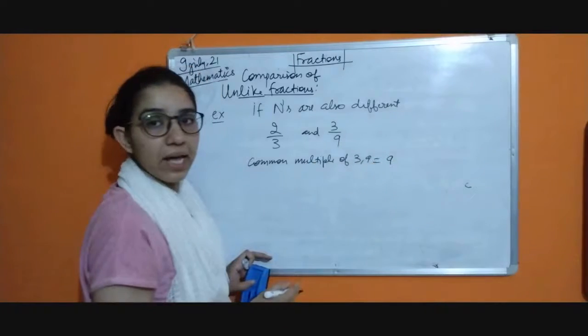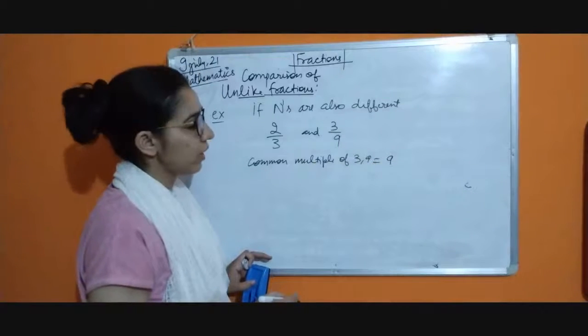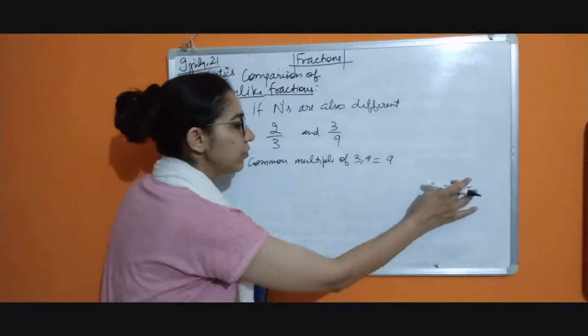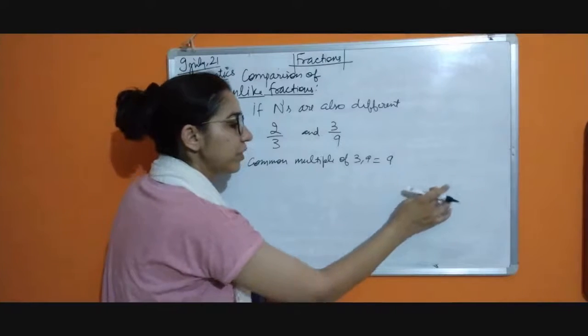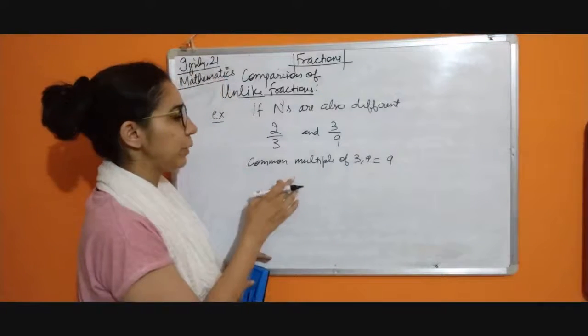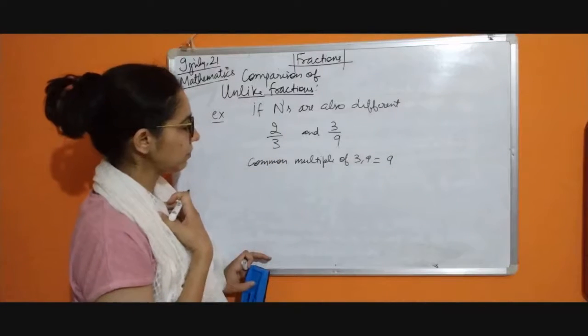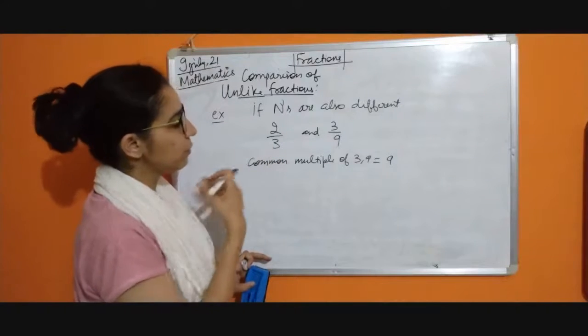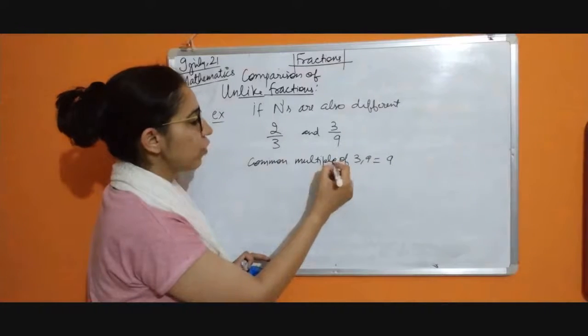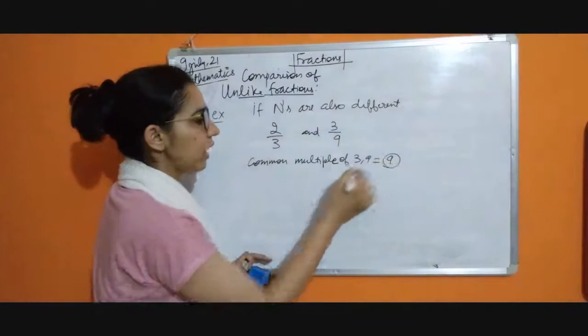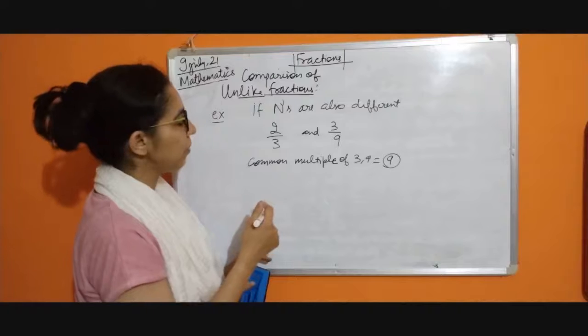Okay, you can take another multiple also of your own choice, whatever you are comfortable with, but mostly the smaller the common multiple, the simpler will be the calculations. So I am going to take 9 as the common multiple.